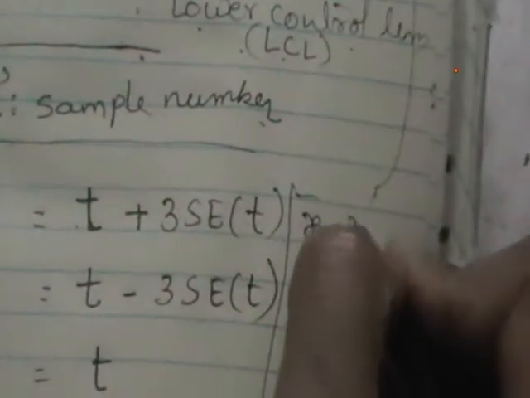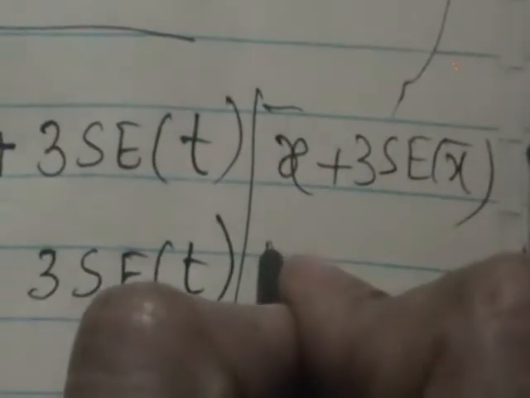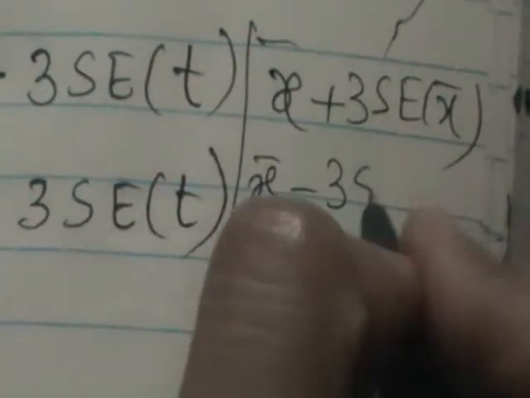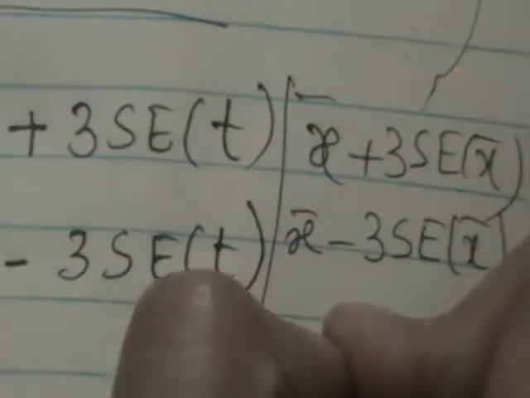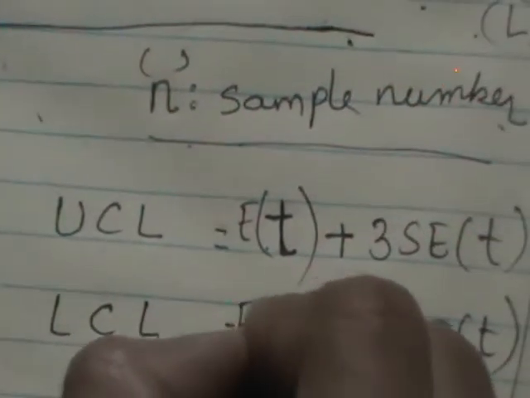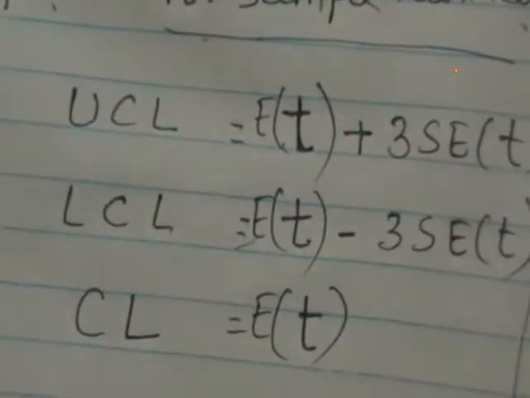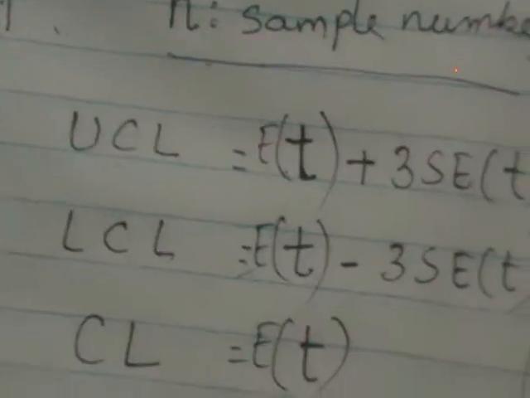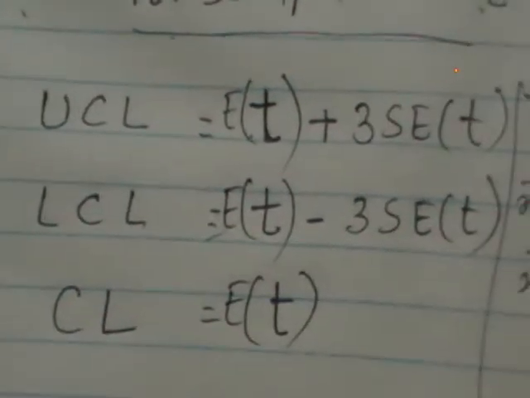For example, if it is an X bar chart, the UCL will be X bar plus 3 into standard error of X bar. For LCL, X bar minus 3 standard deviation of X bar, and CL is nothing but simply X bar, the expectation of T. So you should recall the standard deviation of the mean, the standard deviation of sigma, the standard deviation of p and so on, that is, the standard errors.